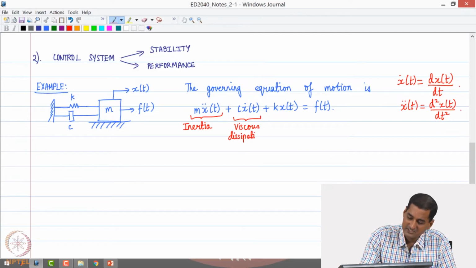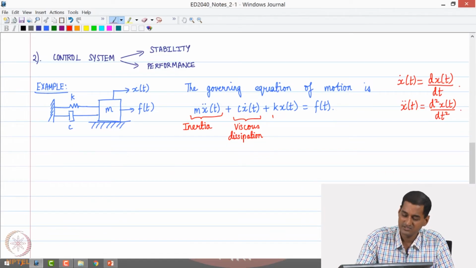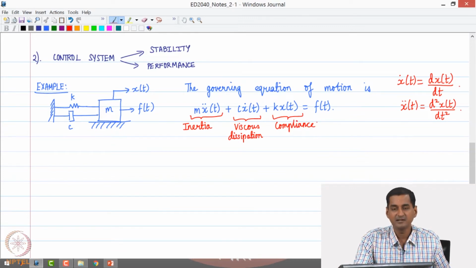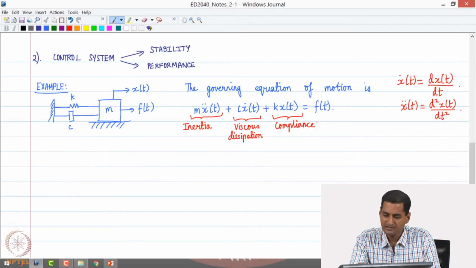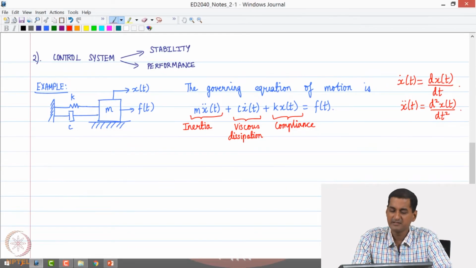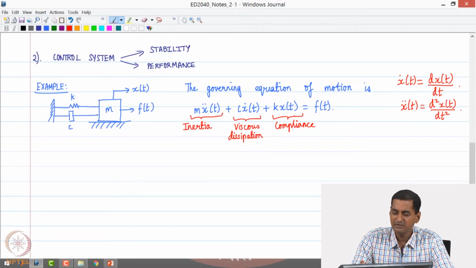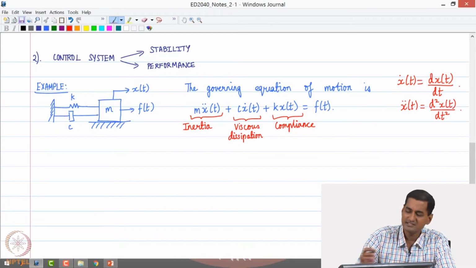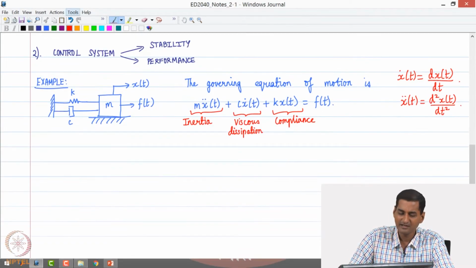The viscous terms, the dissipation terms, are modeled using c x dot. k x is an indicator of the compliance present in the system. These are typically used to visualize this class of mass spring damper systems, and one would use these analogies to develop models even for other systems from other domains.